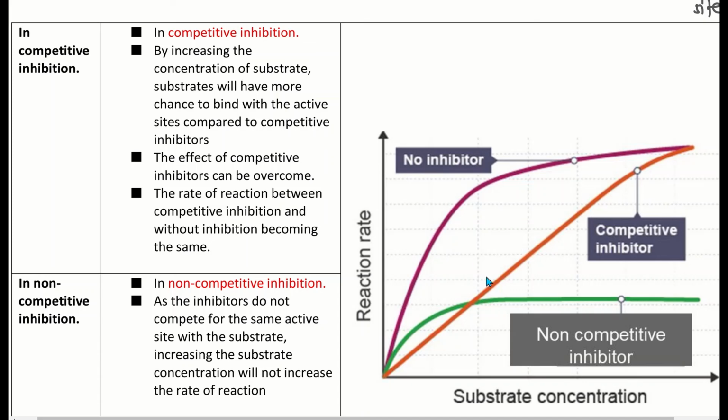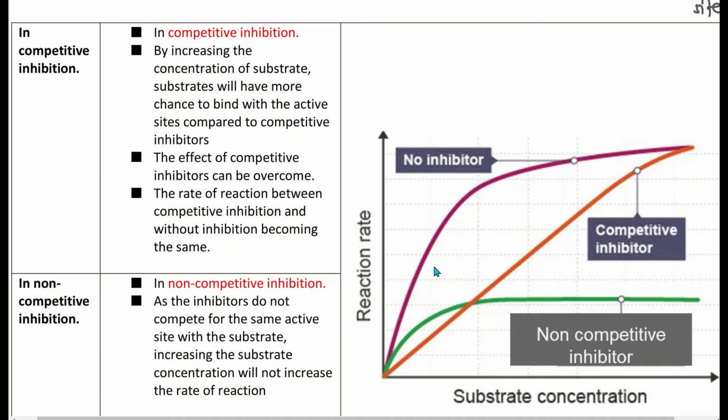Kalau ada competitive inhibitor, walau dia eventually akan reach maximum rate of reaction, tetapi dia nak meningkat lagi lambat daripada yang tiada inhibitor. Okay, so first you tengok kalau competitive inhibitor ni dia akan reach maximum rate, satu. Yang kedua, slowly increase, slower increase compared to yang no inhibitor.